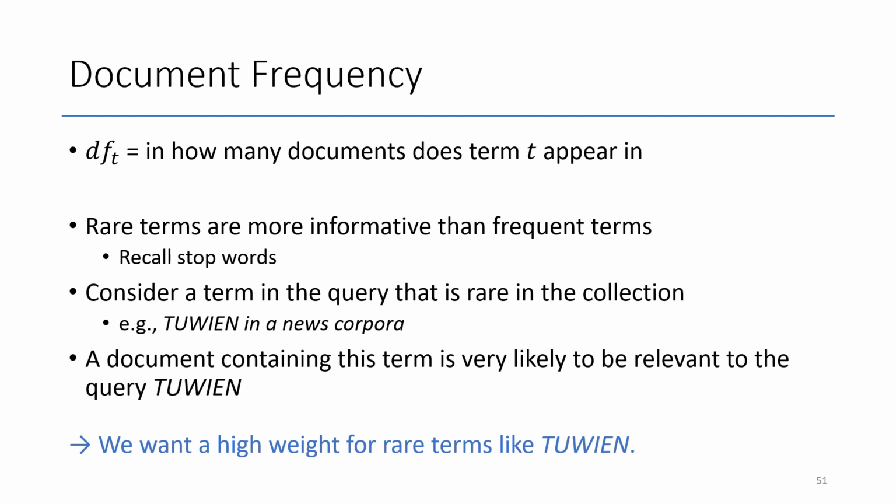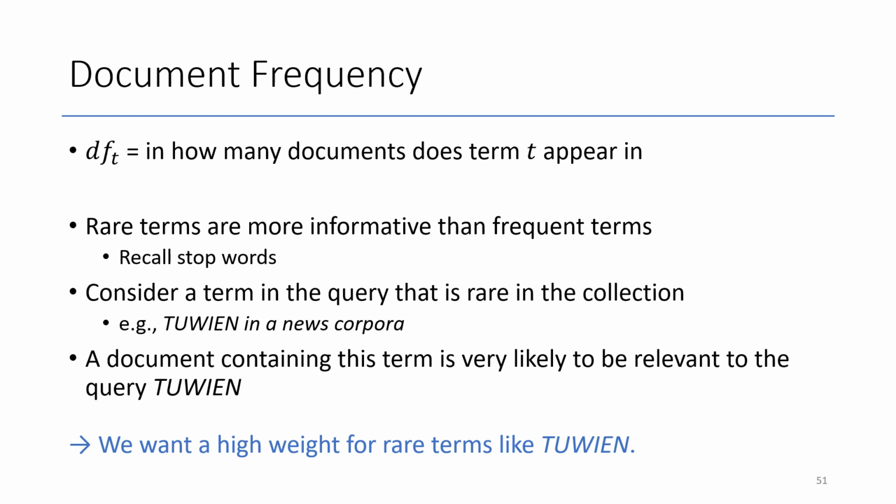The document frequency, on the other hand, is a measure of in how many documents the term T appears in total. And the intuition for that is that rare terms are more informative than frequent terms.